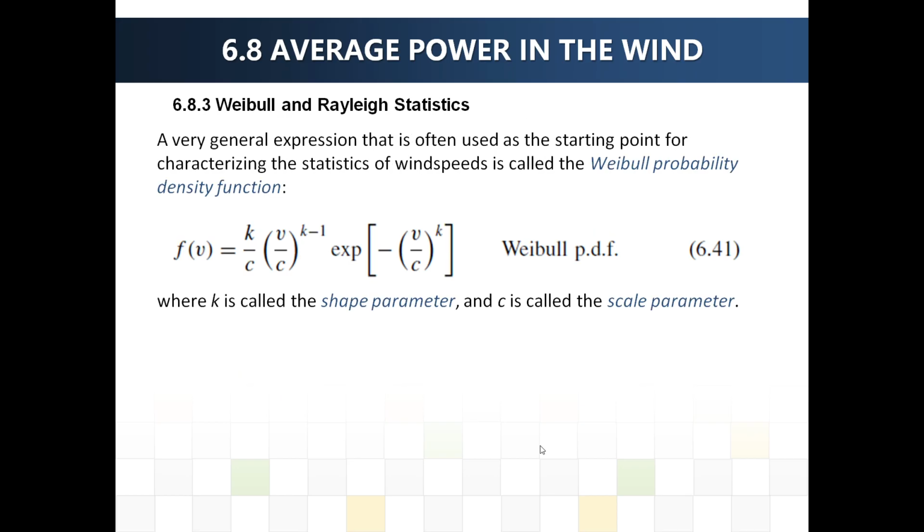A very general expression that is often used as a starting point for characterizing the statistics of wind speed is called the Weibull probability density function.